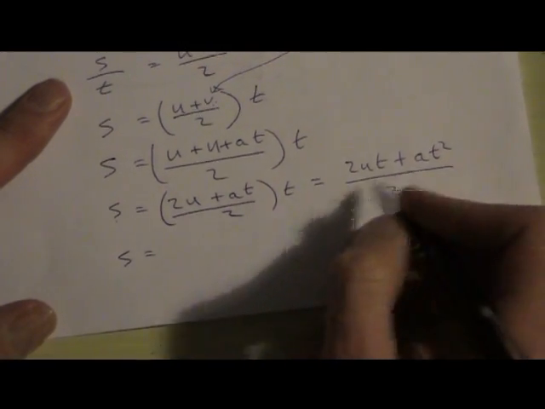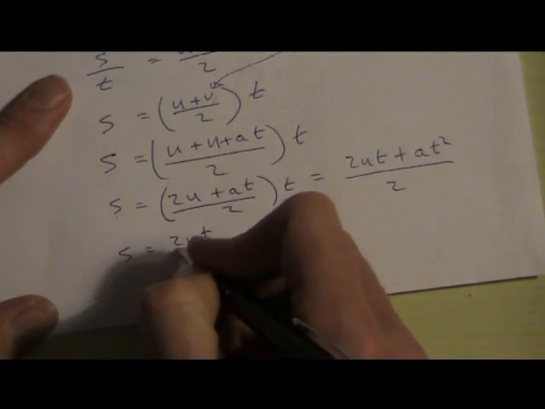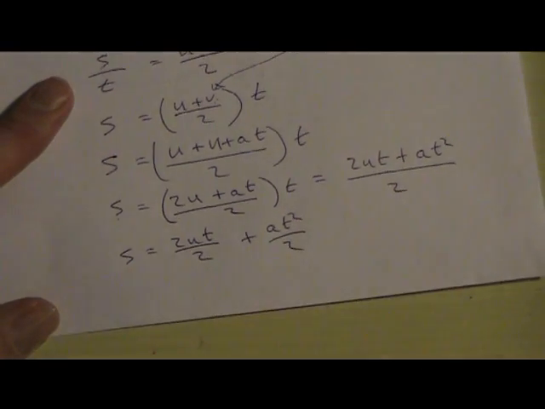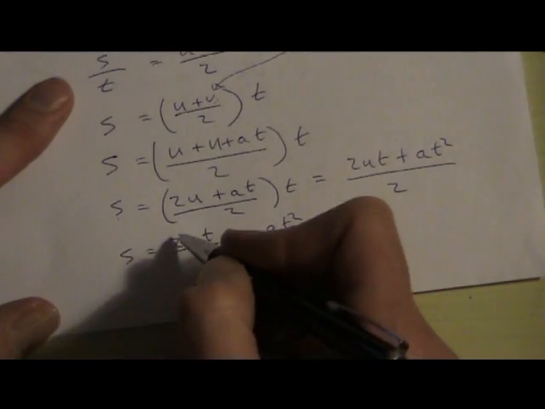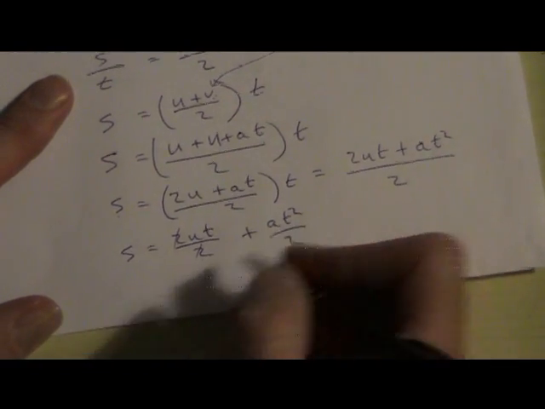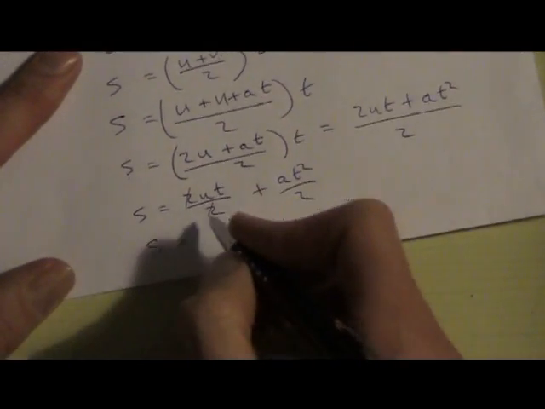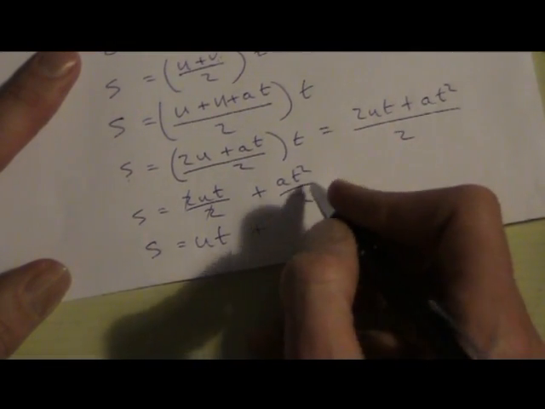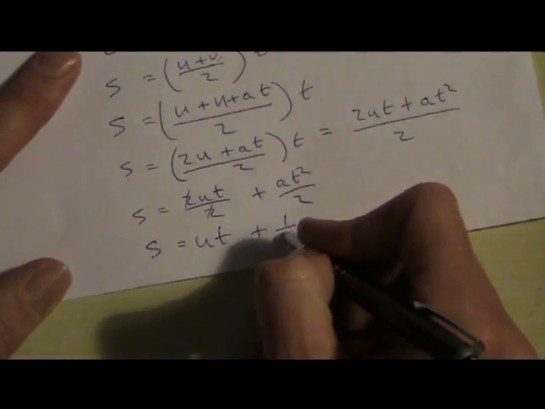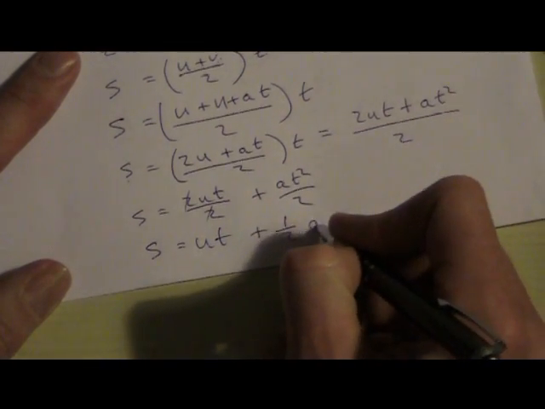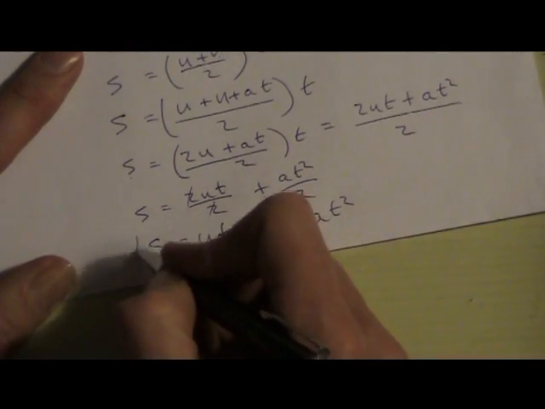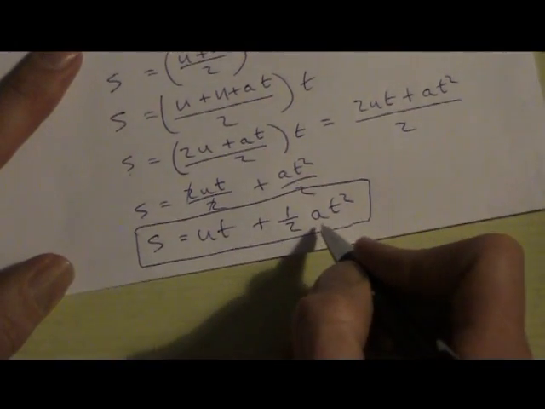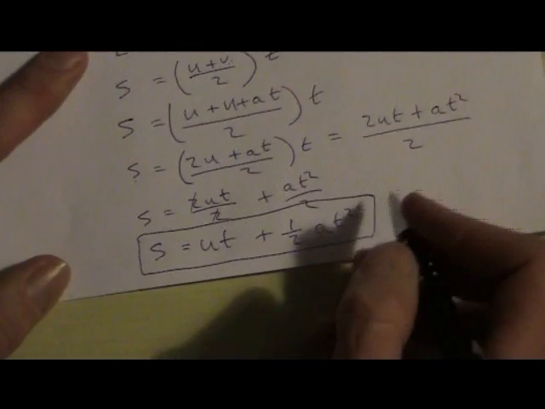S equals 2ut over 2 plus at squared over 2. The 2's there will cancel, and that gives me s is equal to u times t plus, now dividing by 2 is like multiplying by half, so it's a half of at squared. S is equal to ut plus a half at squared. Okay, and that's our second equation.